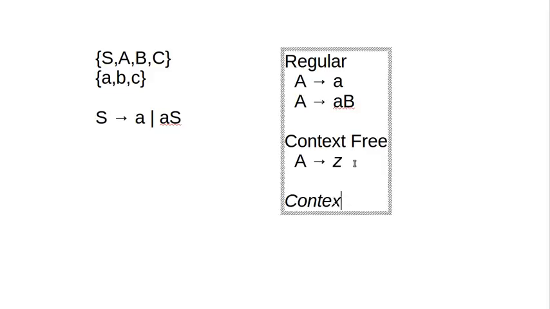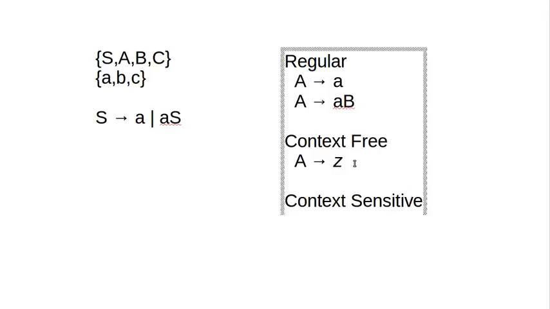The next step up is context-sensitive. Context-sensitive has another Z, A with an italicized Y there.